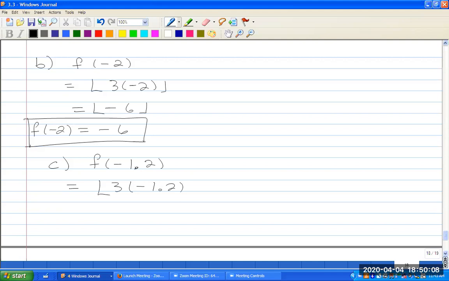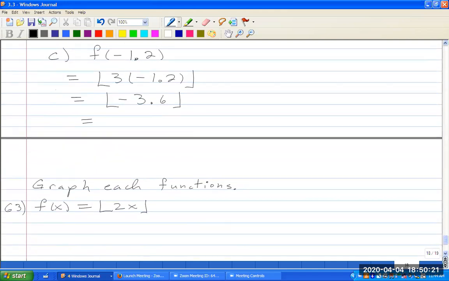Then I'm going to take the greatest integer less than this. And I claim that f of negative 1.2 is equal to negative 4.